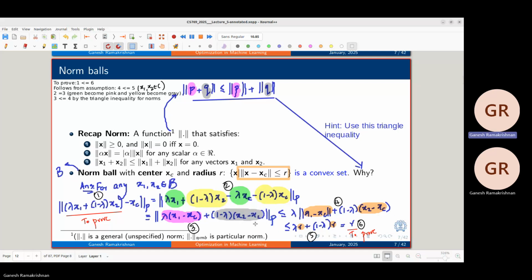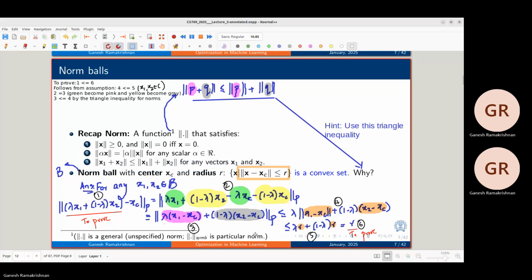Then the rest is simple, right? I'll basically apply the triangle inequality. This entire expression is less than or equal to the norm of the pink plus the gray, which is less than or equal to the norm of the pink plus the norm of the gray, by triangle inequality.